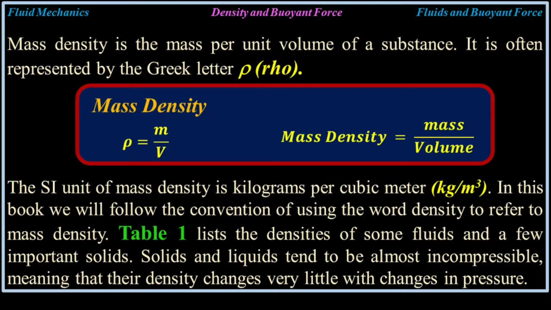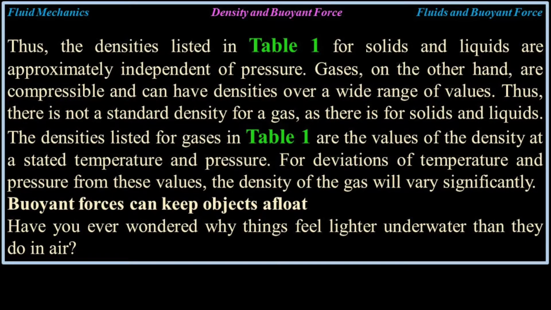Solids and liquids tend to be almost incompressible, meaning that their densities change very little with changes in pressure. Thus, the densities listed in Table 1 for solids and liquids are approximately independent of pressure. Gases, on the other hand, are compressible and can have densities over a wide range of values.